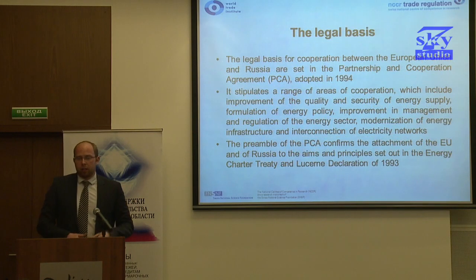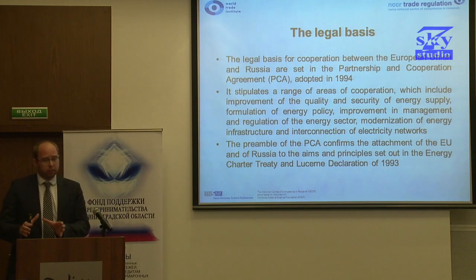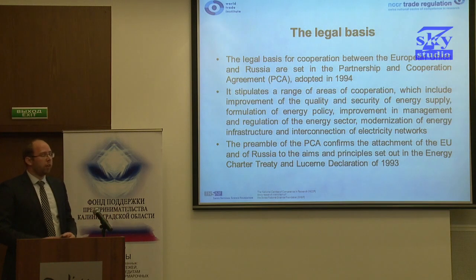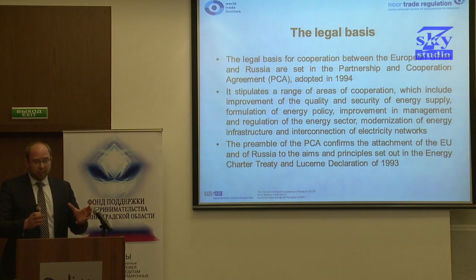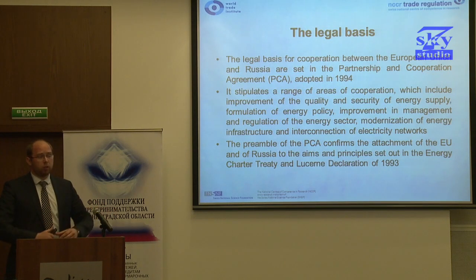Now, Lithuania, Latvia, and Estonia are disconnecting from the former Soviet Union electricity system and connecting to the European electricity system. Therefore, the European electricity system will expand its geographical scope.